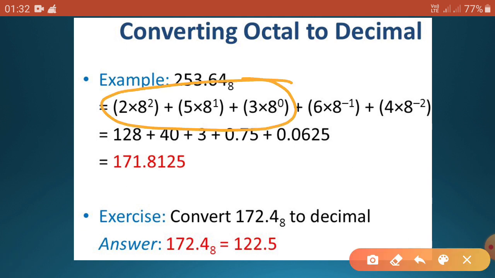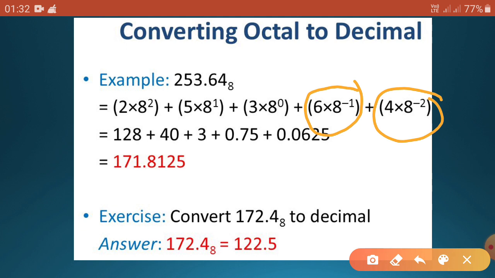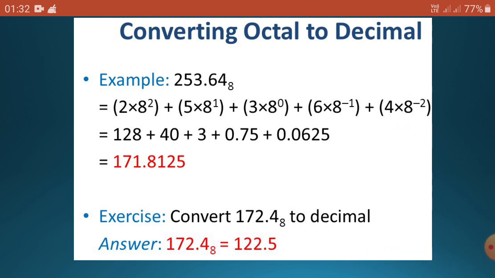And for the rest part, that is 0.64, we have to multiply 8 to the power minus 1 with 6, then 8 to the power minus 2 with 4, and add those values.